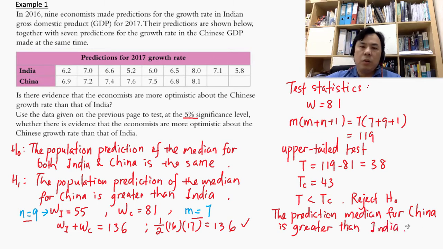Or you can say that yes, there's evidence to suggest that economists are more optimistic about the Chinese GDP than India. So I hope that is clear. This is how we perform our Wilcoxon Rank Sum Test. Now I'm going to move on to the second example shortly.